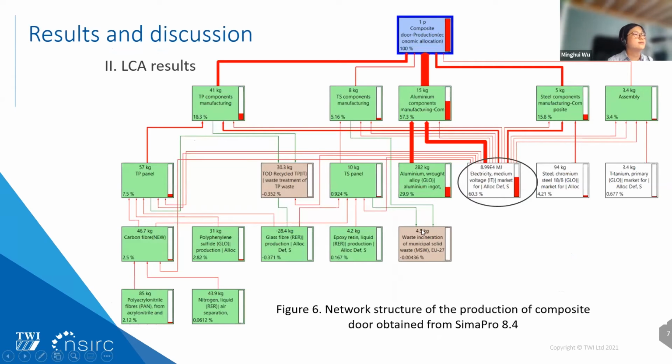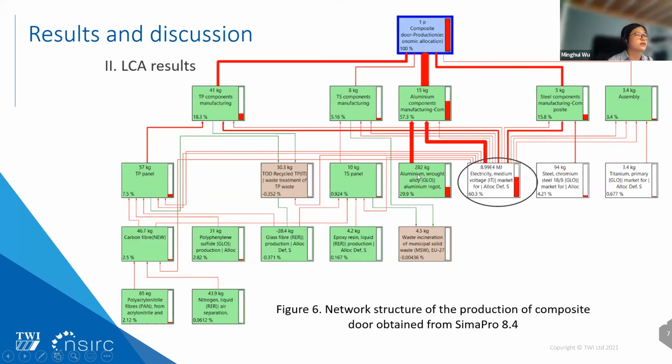For life cycle assessment results, the results and the emission is aggregated for life cycle impact assessment using the IMPACT 2002 method in SimaPro. So this network diagram obtained from SimaPro, it shows the total environmental impacts produced by each process.